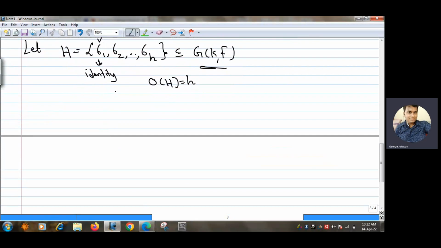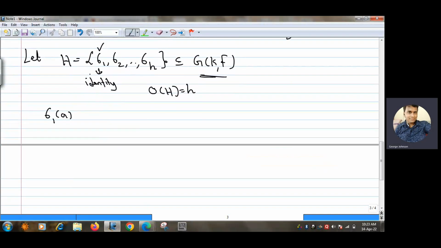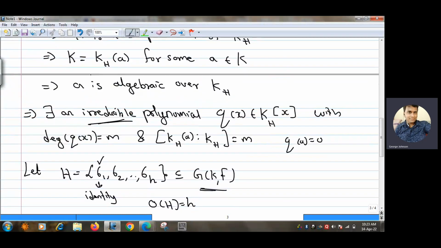Now let us construct some elementary symmetric functions, using sigma 1 of A. A we already have, because K is a simple extension of F, so we got some A. That same A we are using here.